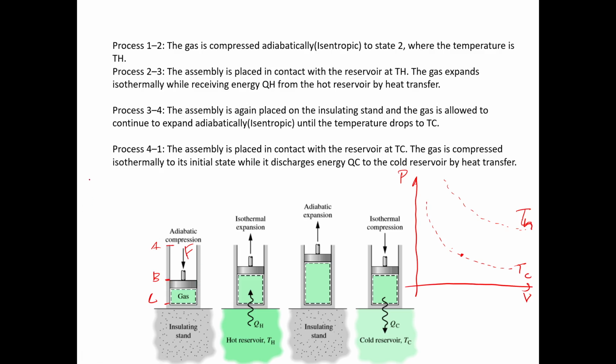If you remember the first law of thermodynamics, delta U equals Q minus W. No Q, this is 0, no heat transfer, but work is involved, therefore your internal energy increases. When you compress it, your internal energy increases, which means the temperature increases. When you compress this piston, the temperature of the gas increases.